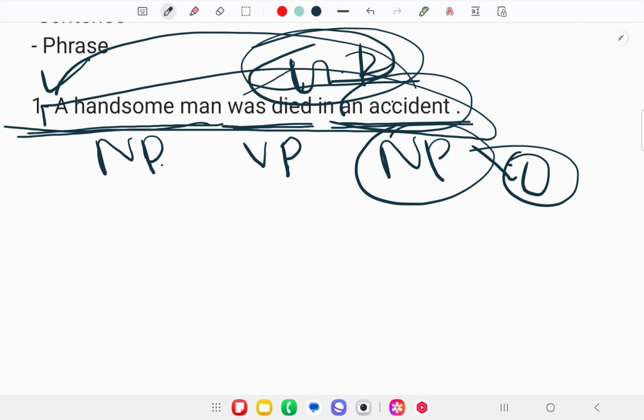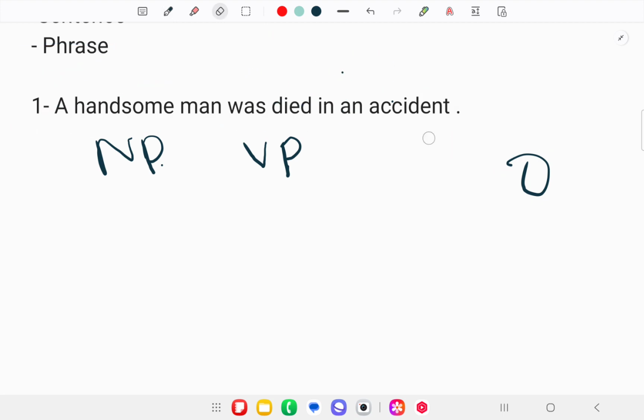Okay, next we should know what the grammatical functions are. What is the grammatical function? Grammatical functions means the role that they play in a particular sentence, meaning what roles the parts play in a particular sentence.